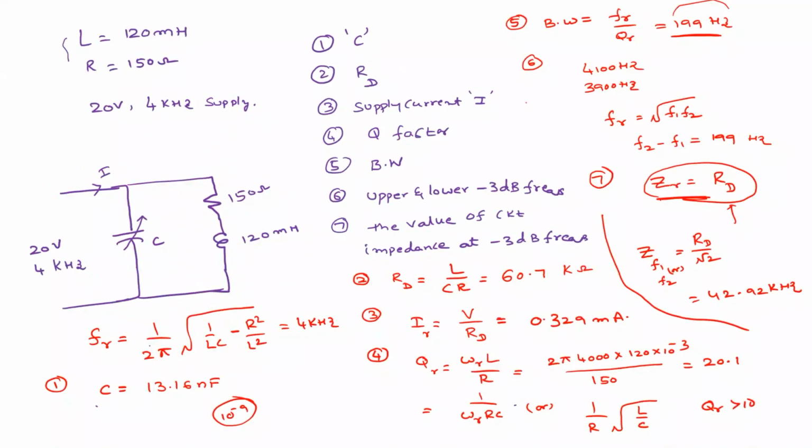Sir, why did we take RD by root 2 as the circuit impedance? Yes, RD by root 2 is the circuit impedance at the minus 3 dB frequency. Do we need to convert minus 3 dB in logs?